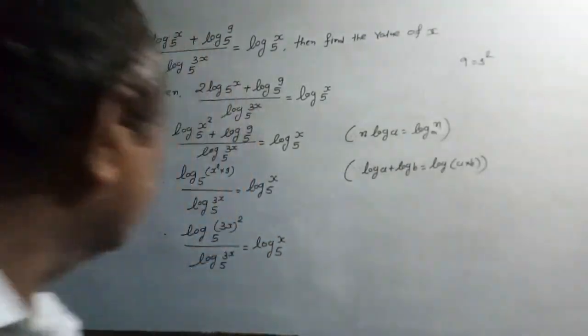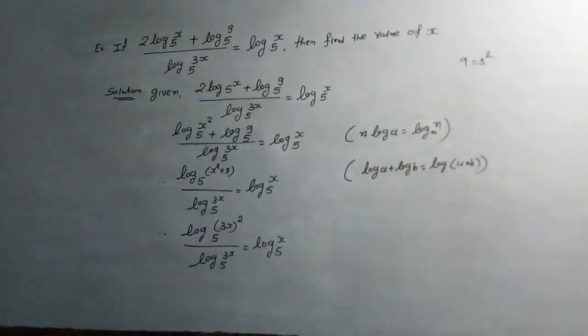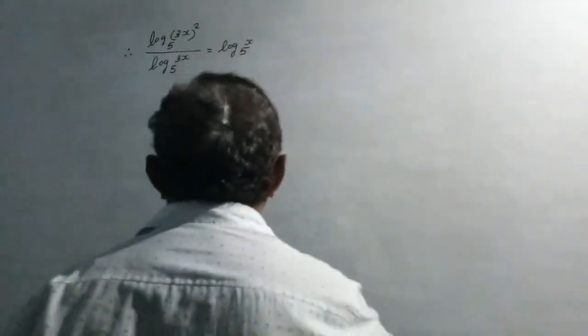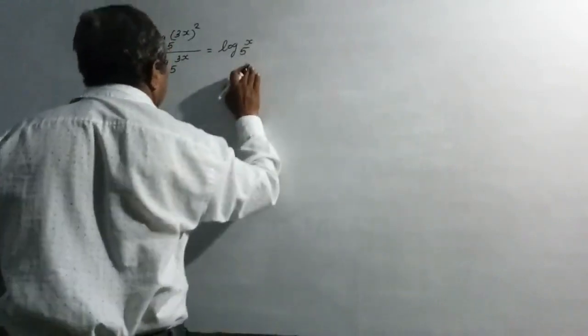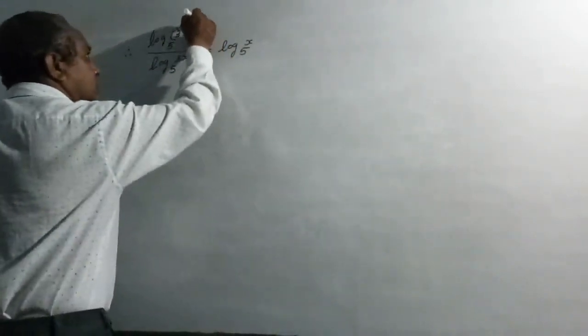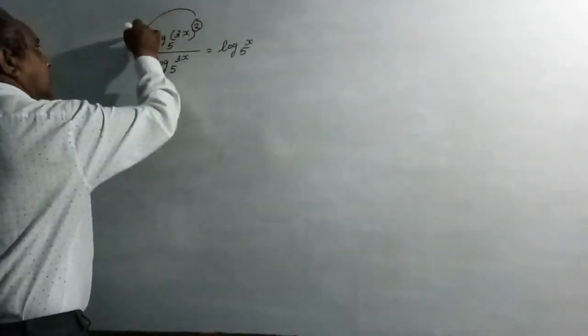Now again, here log 3x square base 5, then 2 is in the power, so 2 goes to multiply. Now here log 3x square base 5 upon log 3x base 5 is equal to log x base 5. The 2 is in the power, then goes to multiply.